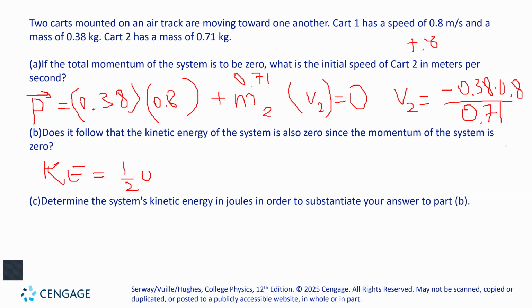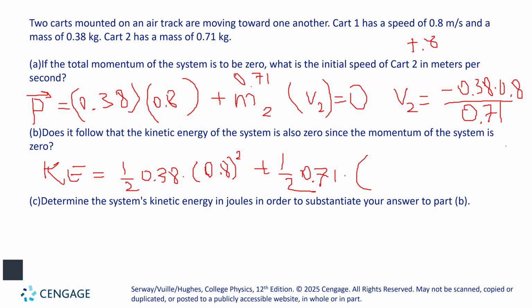So we need to do half of the mass of the first cart times the speed of the first cart squared, plus half of the mass of the second cart times the speed that we found in the first part squared.